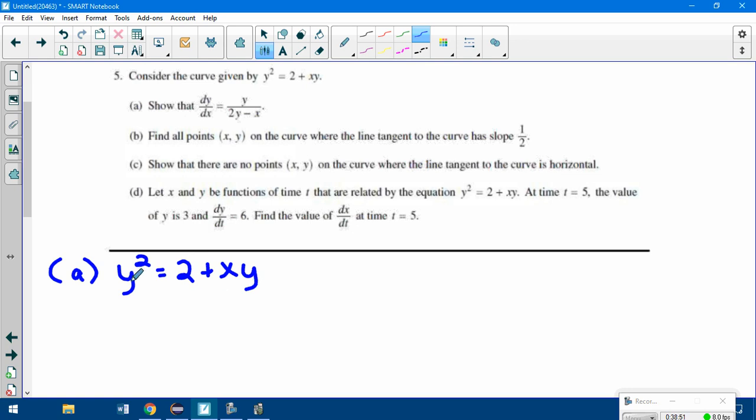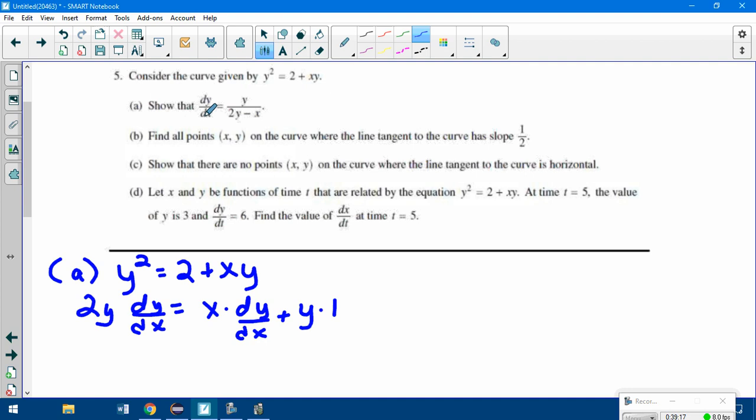So what's the derivative of y squared? 2y, and here's where you need dy dx. Equals, what's going to happen to 2? Goes away. And what do you have to remember to do with xy? There's the one trap. It's product rule. So it's first times derivative of the second plus the second times the derivative of the first.